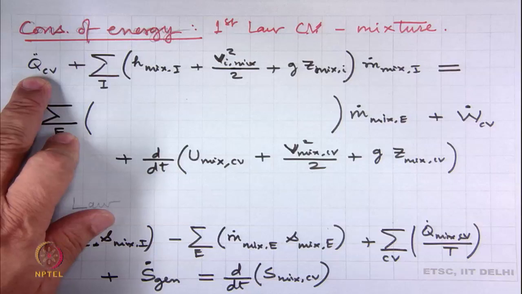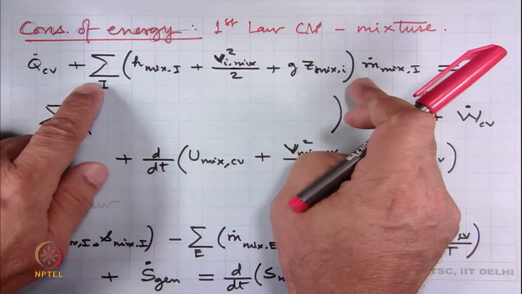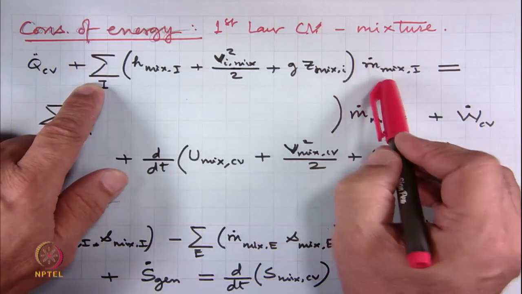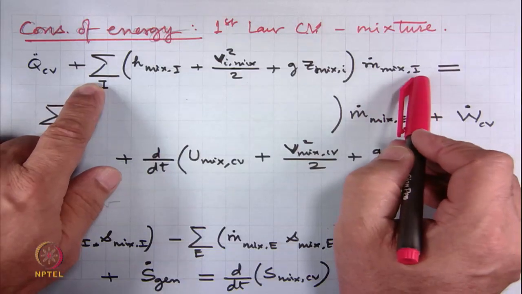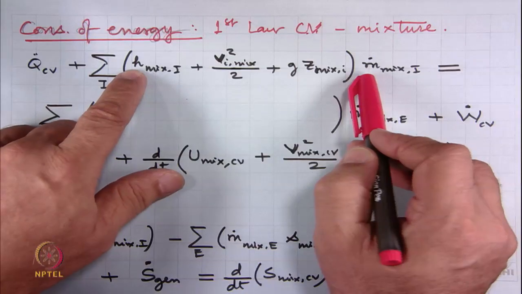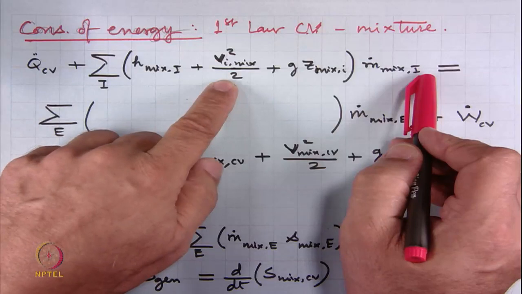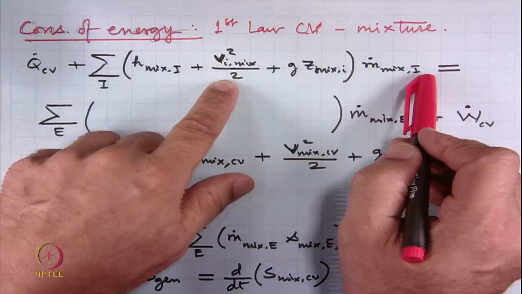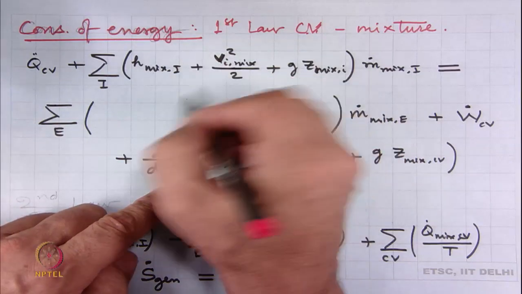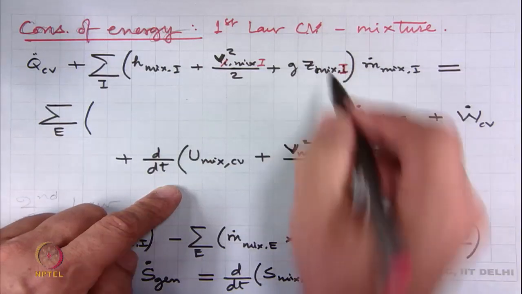You have Q dot CV as the first term, then the energy inflow rates, and right now we are writing it for the mixture. So, it is m dot mixture for every inflow capital I, and the energy that it takes into the control volume is the specific enthalpy of the mixture for that state plus kinetic energy for that state and potential energy for that state.